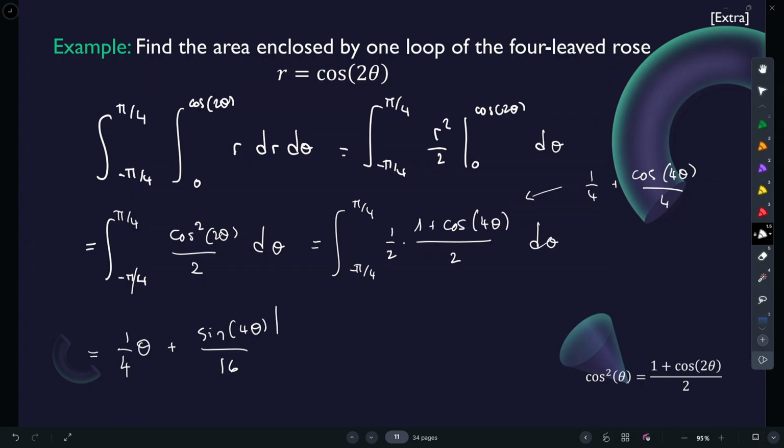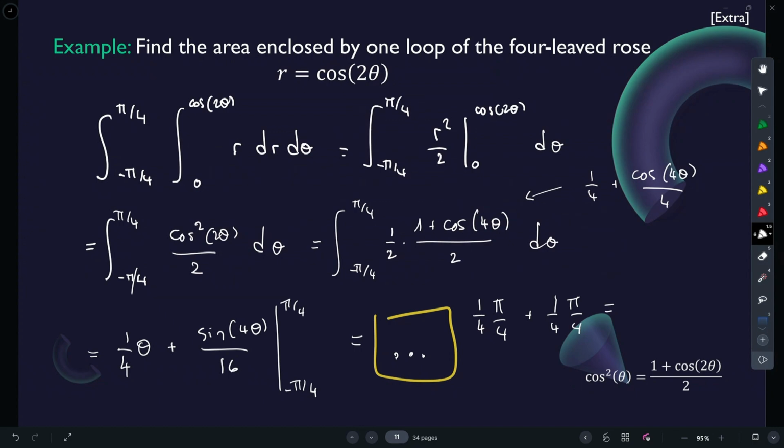And then evaluate at pi over 4 minus minus pi over 4. If you evaluate at pi over 4, that will have a sine of 4 times pi over 4, so sine of pi. The sine of pi is 0. The sine of minus pi is also 0. So I guess I do know what it is. It is going to be 1/4 of pi over 4 plus 1/4 of pi over 4. So I think it should be 2 pi over 16, so pi over 8.